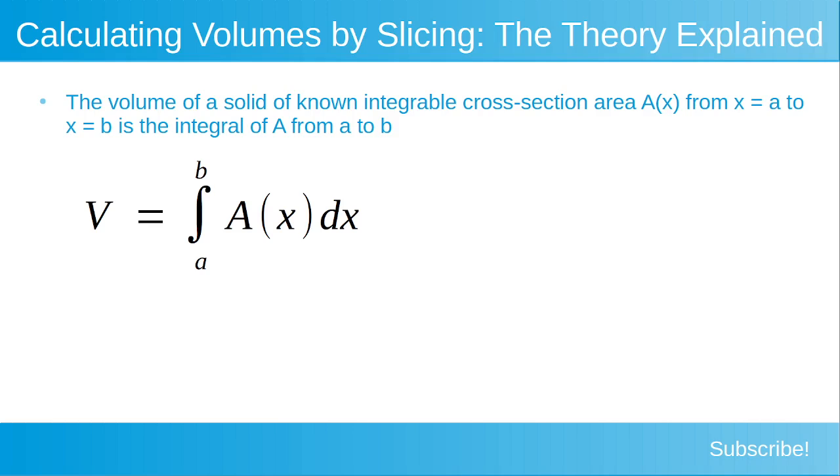Just to explain that word integrable, our cross-section area function A of x on our closed interval from a to b is going to be integrable provided that it's a continuous function from a to b. I do have a video specifically explaining continuous functions if that's something you'd like to learn more about.